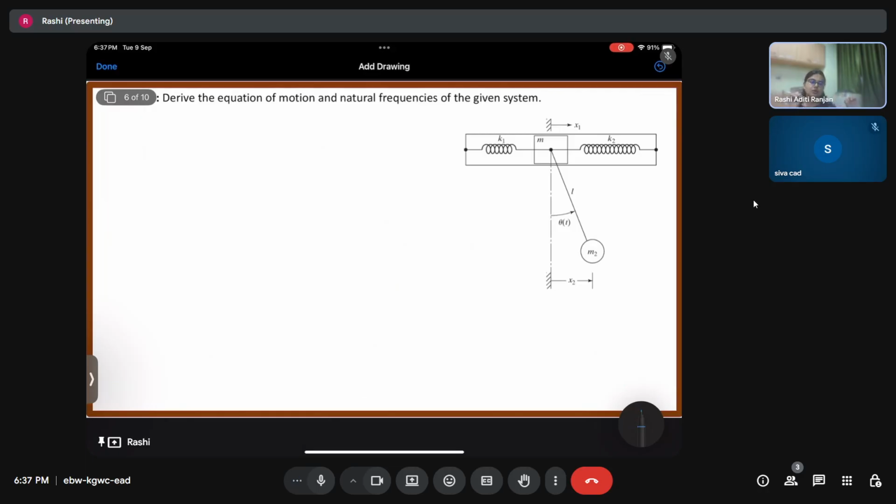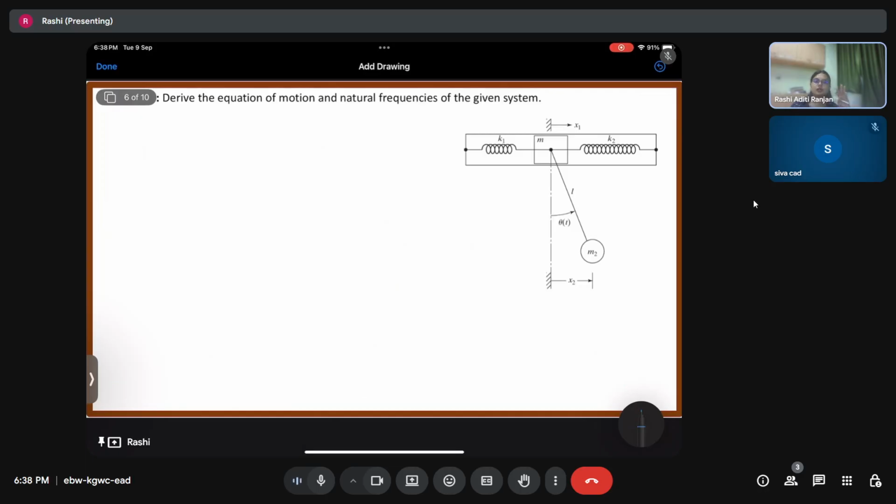And then mass 2 is actually oscillating in the xy plane. But for a pendulum, the x and y coordinates can be linked by the relation x square plus y square is equal to L square, right? So the mass m2 is going to have 1 degree of freedom.